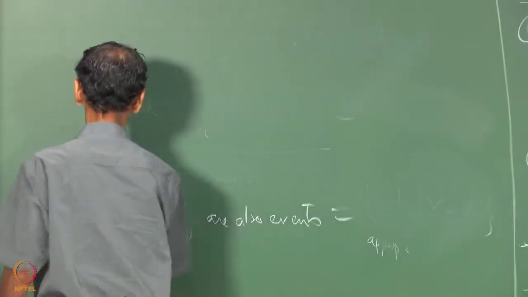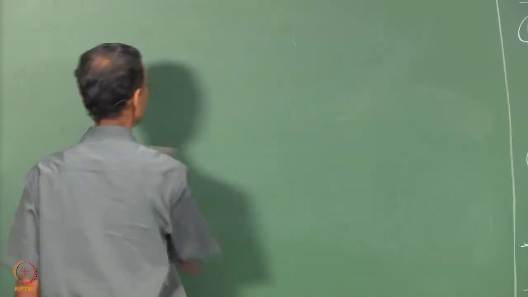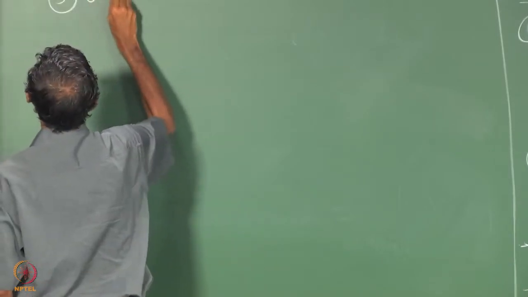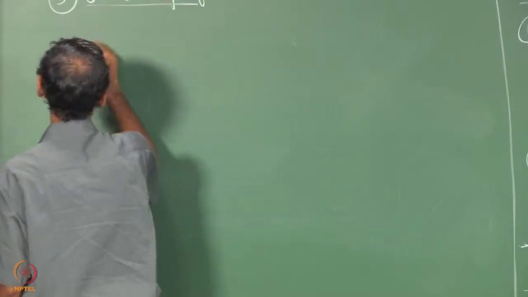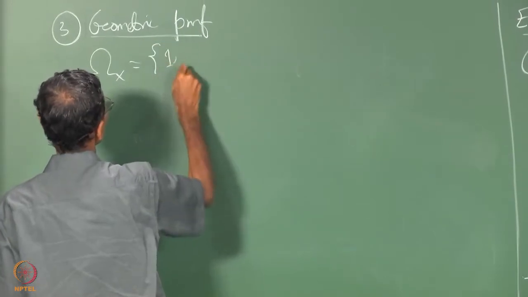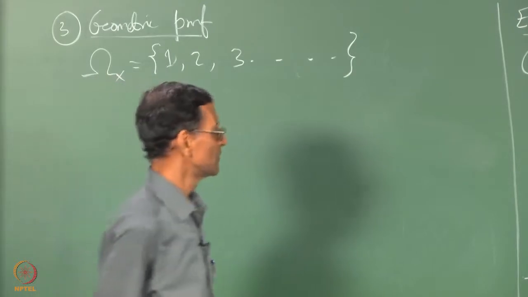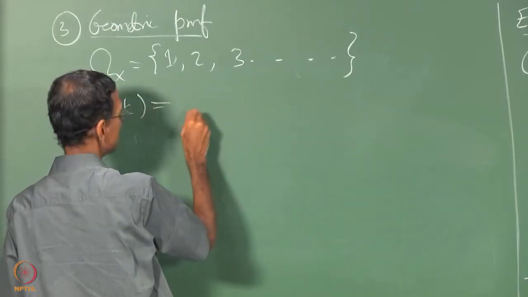Then the geometric PMF, this is again something we have seen, right. So, here omega x is countably infinite. So, we are saying 1, 2, 3. What did we say about this?